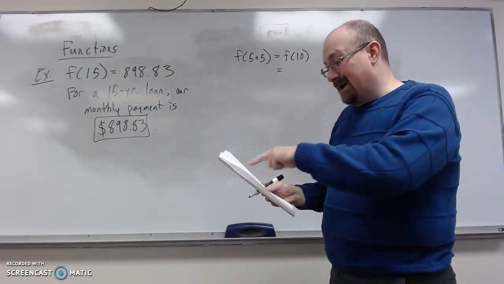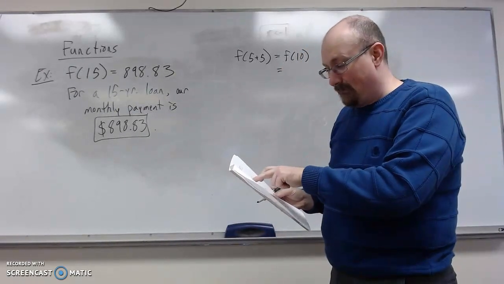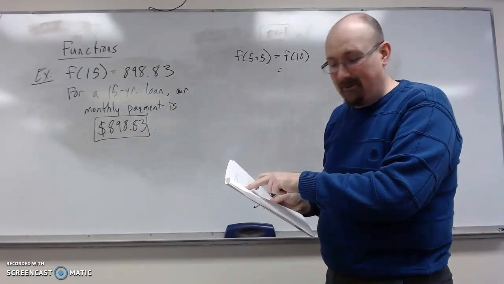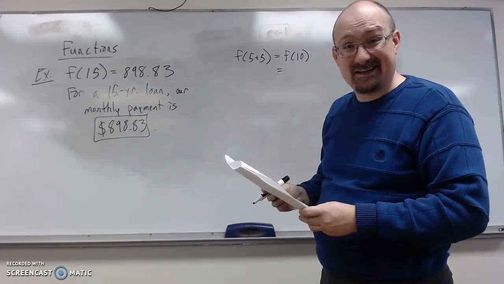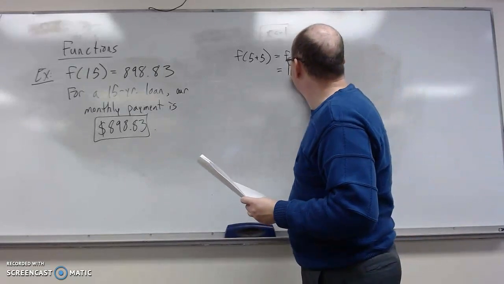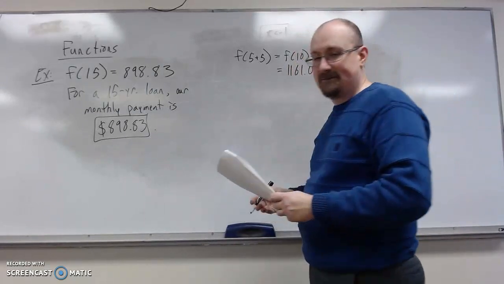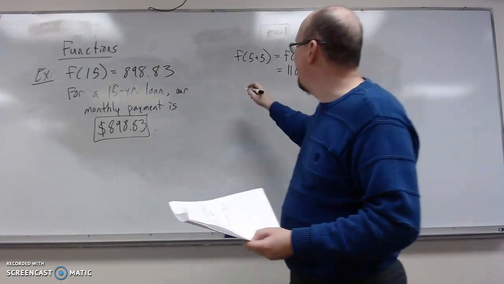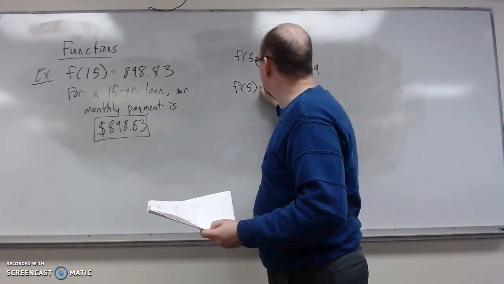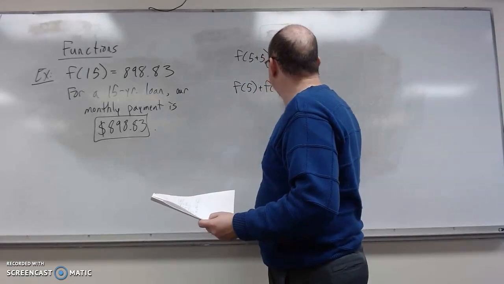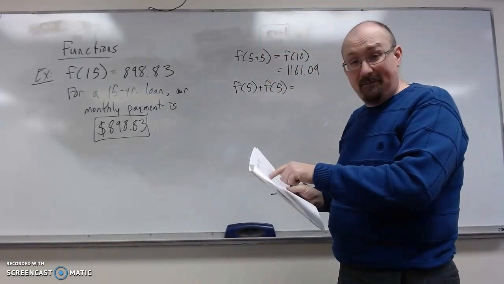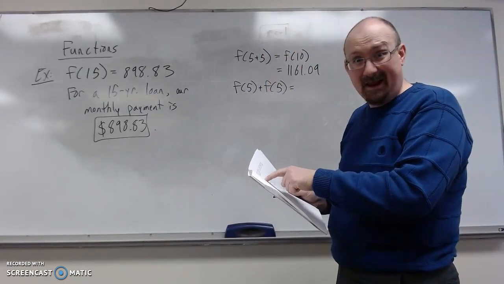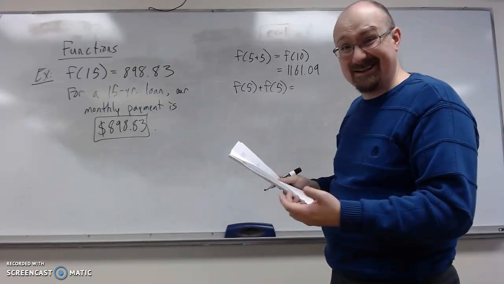So now we can look up 10 in our chart here, and when I look up 10 in the chart and find the R value that goes with it, that is 1161.09. All right, so that's that. Well, what if we worked out each f of 5 separately and then added them together? F of 5 plus f of 5. Well, you look up 5 for your t, the corresponding f of t, or R value, is 1980.12.